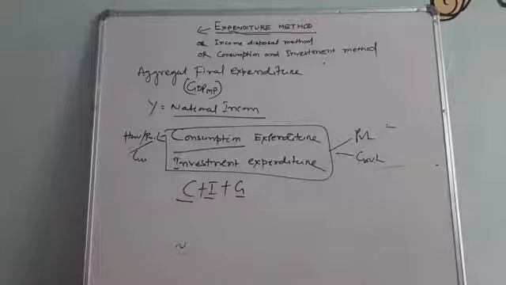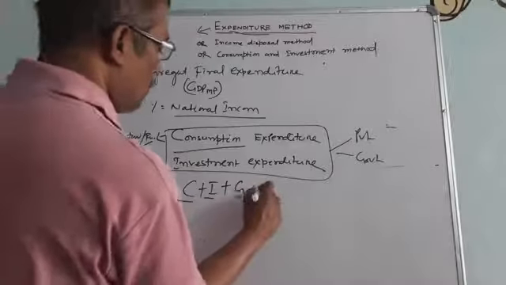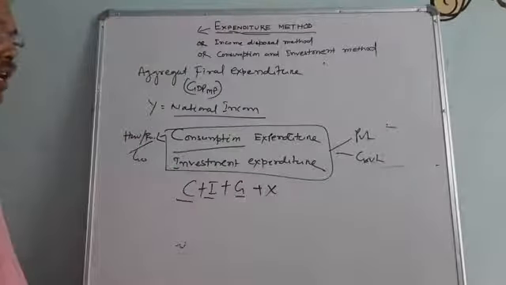Besides this, after production, the excess production is sold in a foreign country, which is called export. X is exports, and we are also importing goods from other foreign countries.